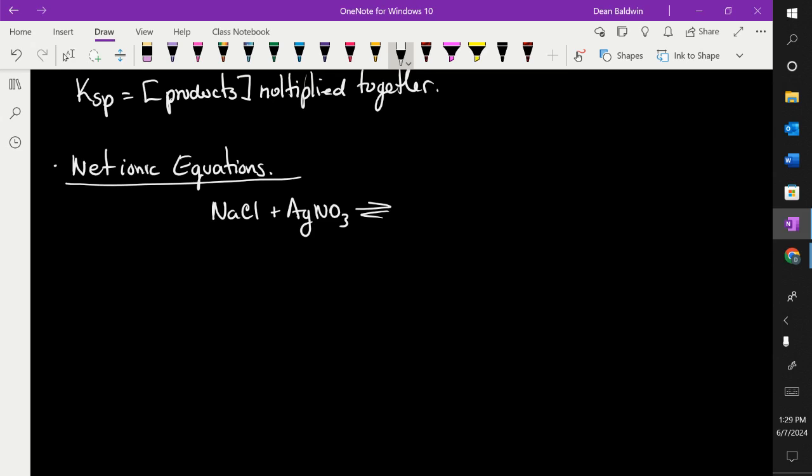It's a double replacement, so you're going to get silver chloride and sodium nitrate. Which one's a solid, if any? How do you know? You check the solubility chart.